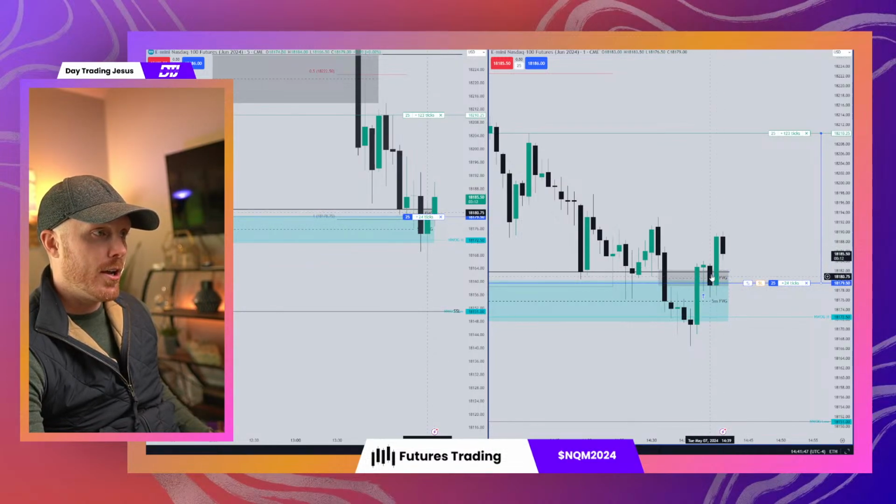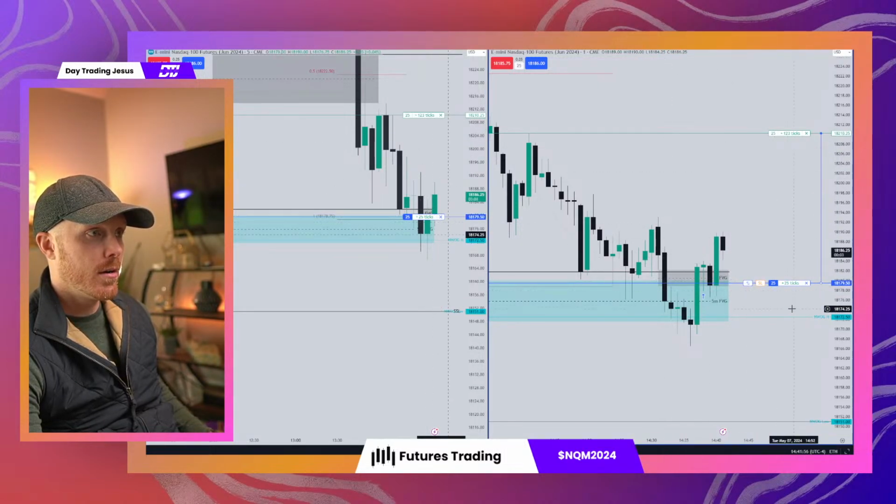But we have a fair value gap that was also, or a bullish order block that was also created. So it's okay to see price come back down here and touch this and then push higher. It doesn't scare me that price is coming back down.